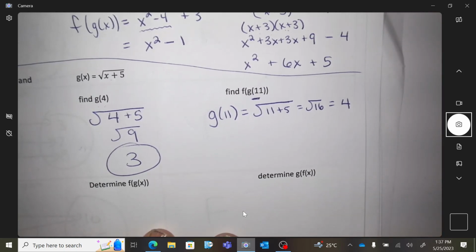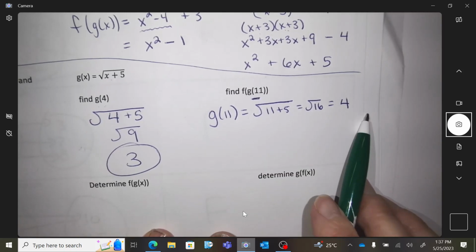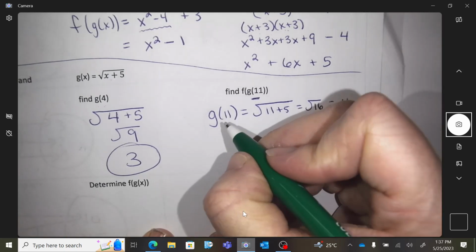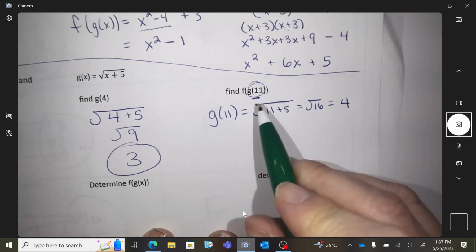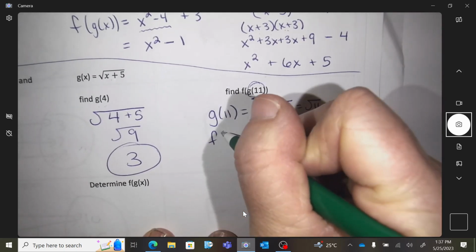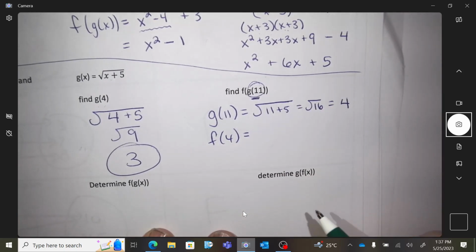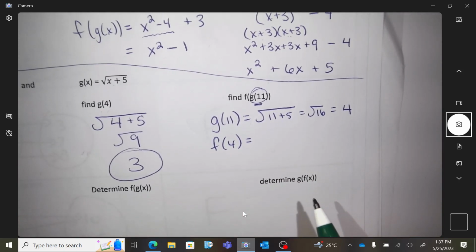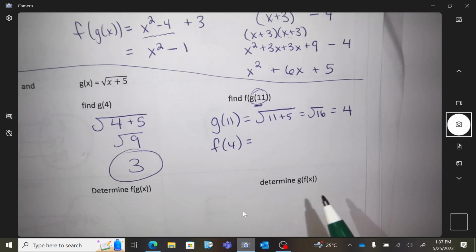Are you getting a 4 out of that once you plug that in? Yes. Yeah? Everyone's good? They got a 4 out of that output? So now we're done that. So what is the f of 4? So plug a 4 into the f function now.